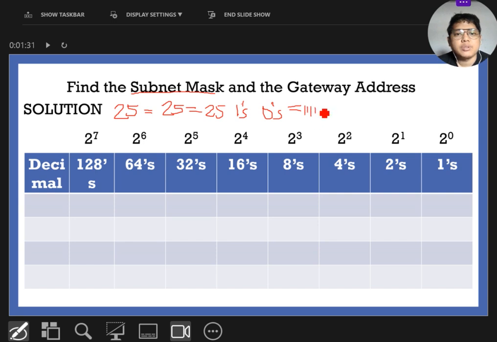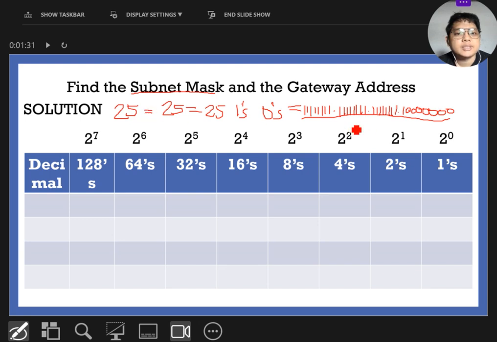So that is 1, 2, 3, 4, 5, 6, 7, 8, then another 8, then another 8, then 1, 2, 3, 4, 5, 6, 7. Okay, so this is the binary of the prefix 25.